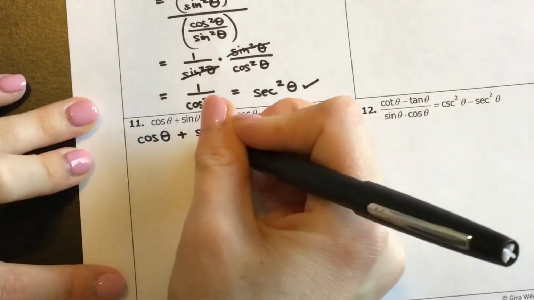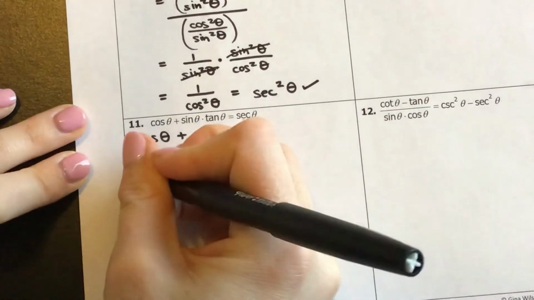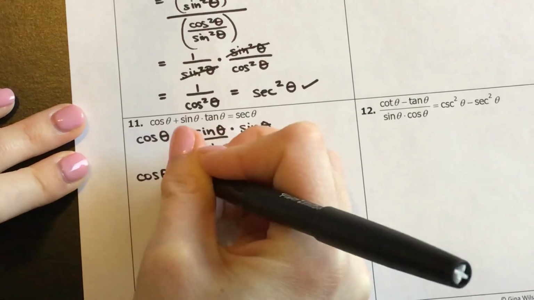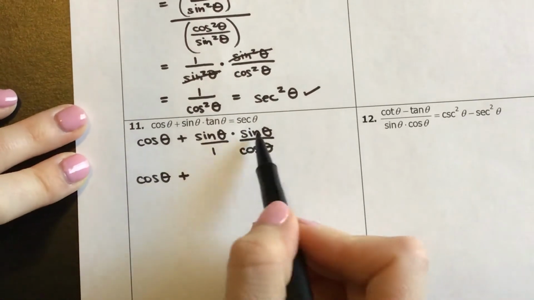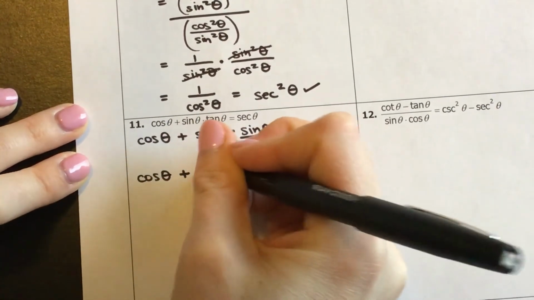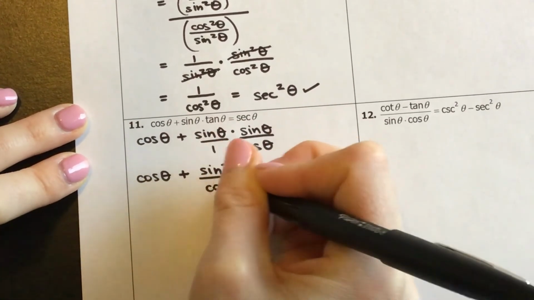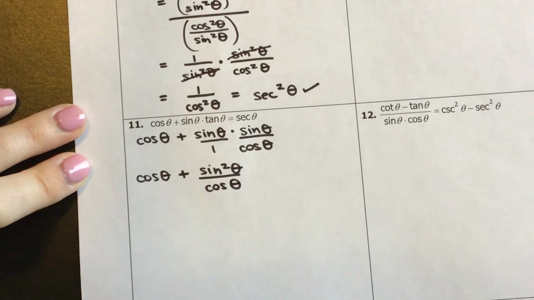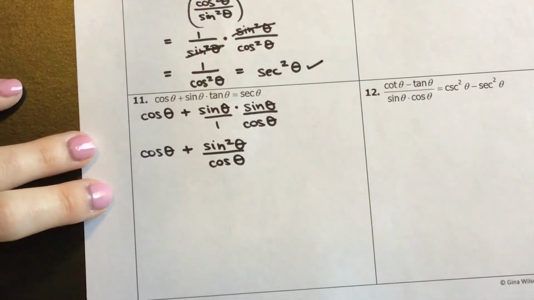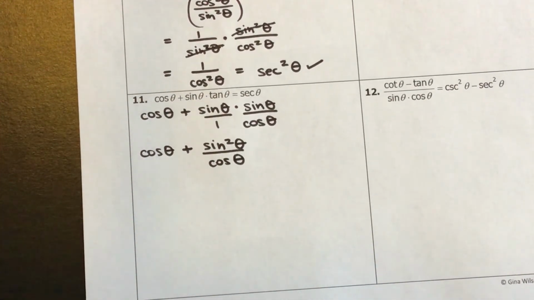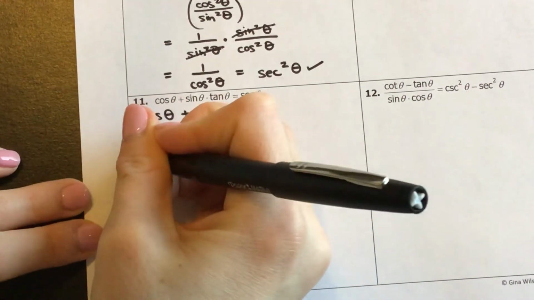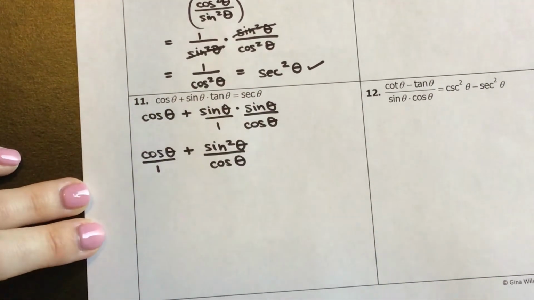So this, think of this as like sine over 1. So multiplication comes before addition. Multiply all this out. I get sine squared over cosine. Now I have two pieces that I need to add together. If you want to add two pieces together, they have to have a common denominator. So this one, think of this as like cosine over 1.